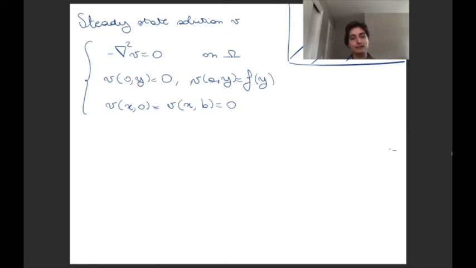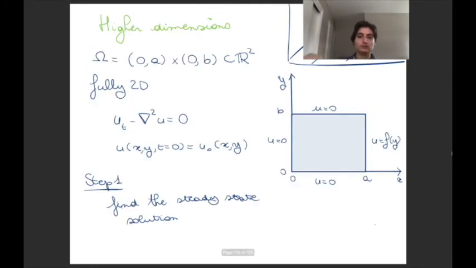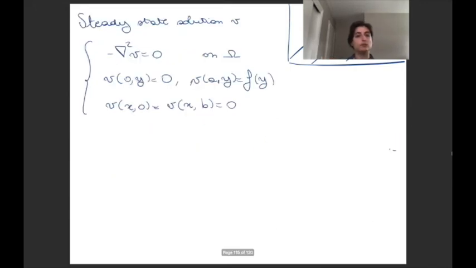For x equal to a, we have v equals f of y. And for any x with y equal to 0 or b, we have 0 boundary conditions. So I'm retracing the boundary conditions that I had introduced before, but in formulas.